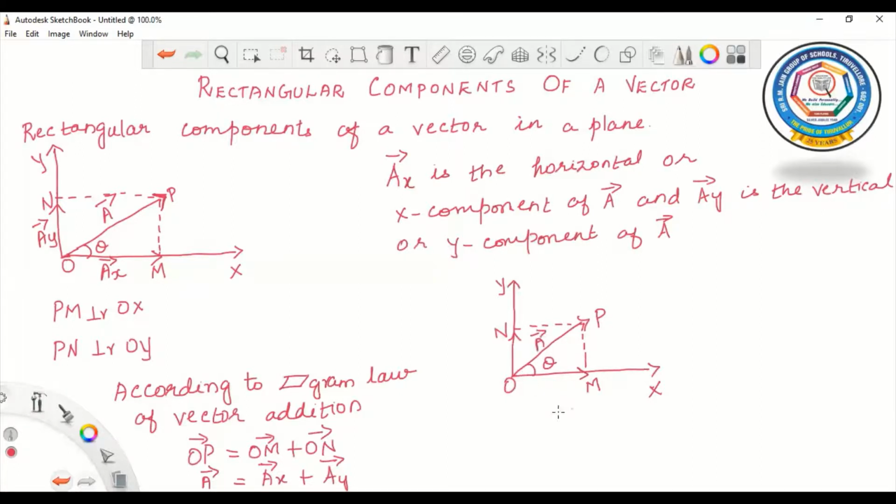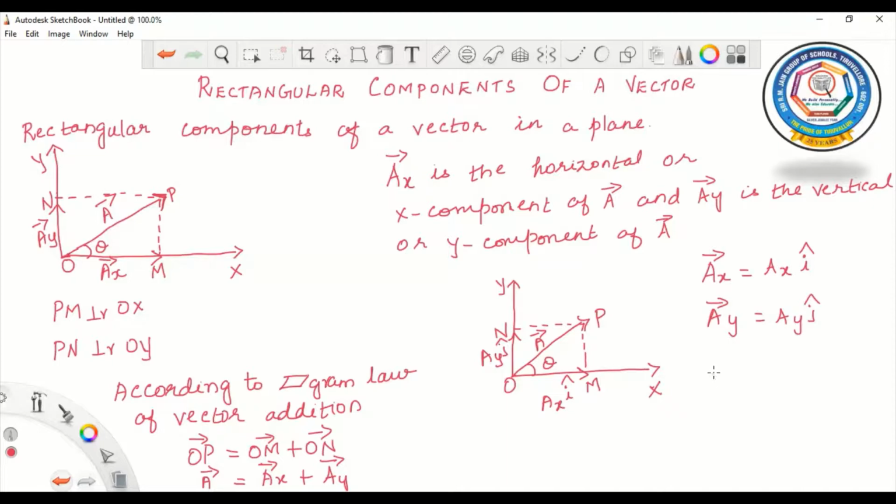Here you can write it as AX i cap, and similarly here it will be AY j cap. We can say that AX and AY are the scalar magnitudes of AX vector and AY vector respectively. So this AX vector can be written as AX i cap, and similarly AY vector is equal to AY j cap.